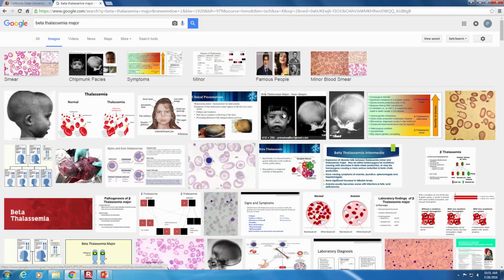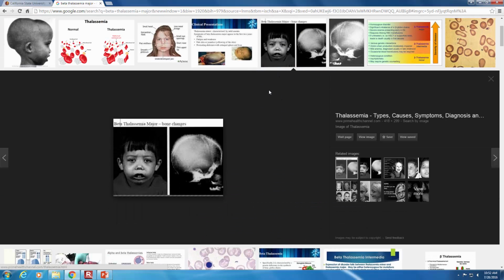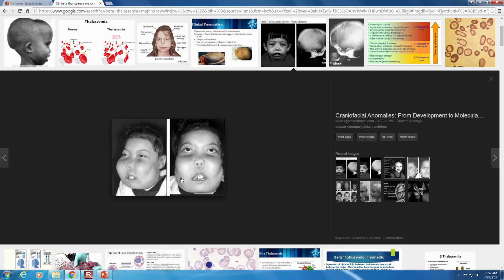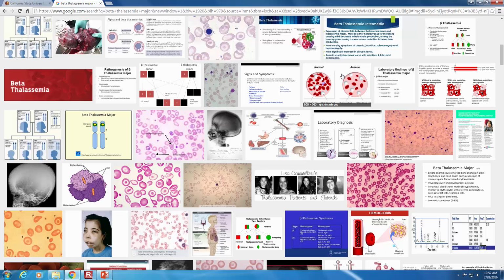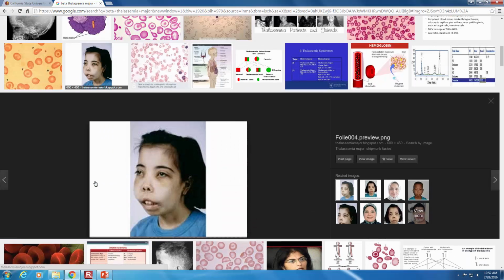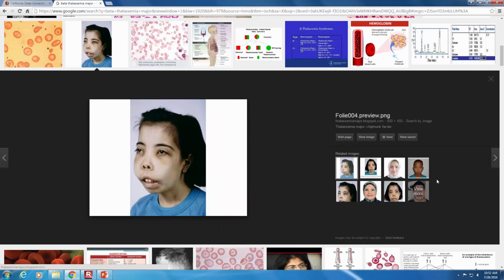This is the feature of a beta thalassemia major kid. It's too dark. Let me find something else. You see that? Okay? This is color. So this is a classic beta thalassemia major.